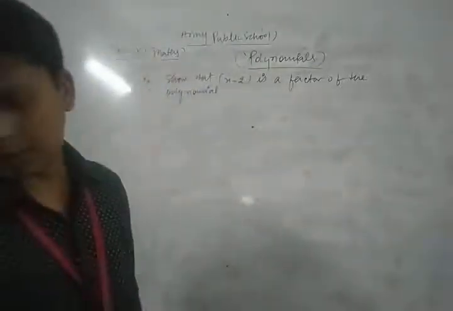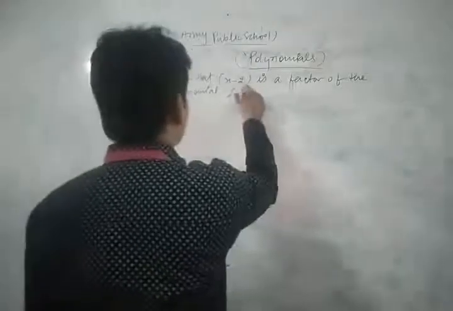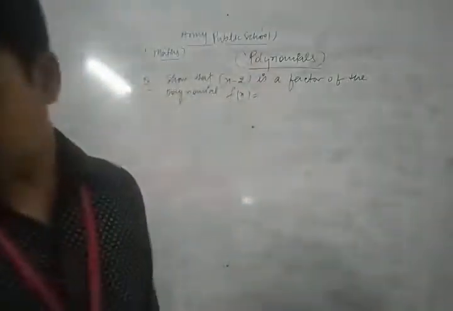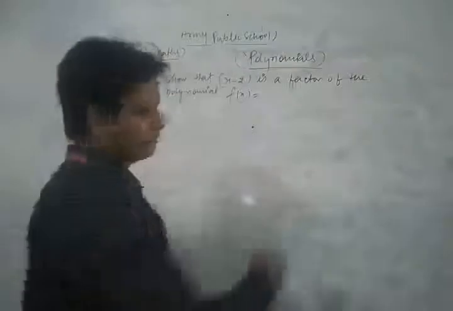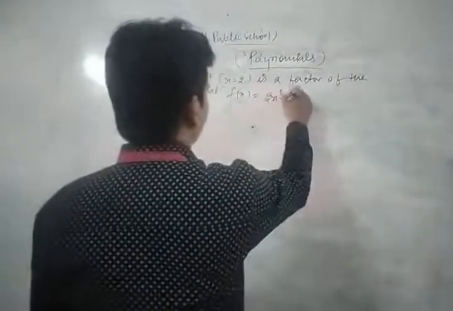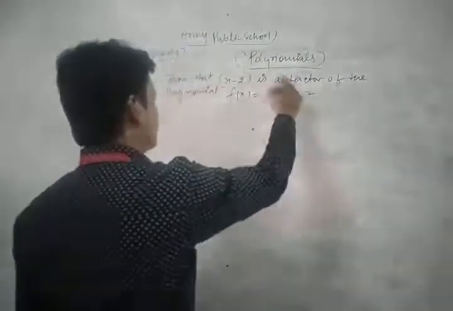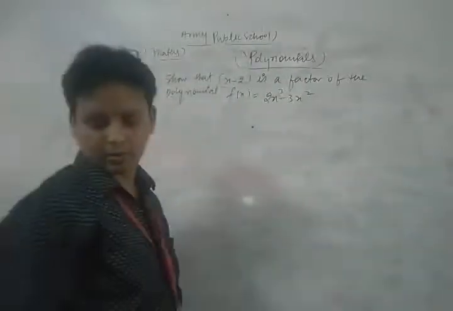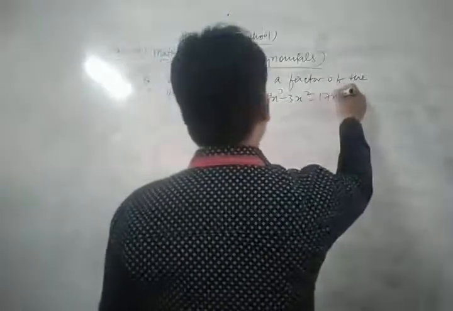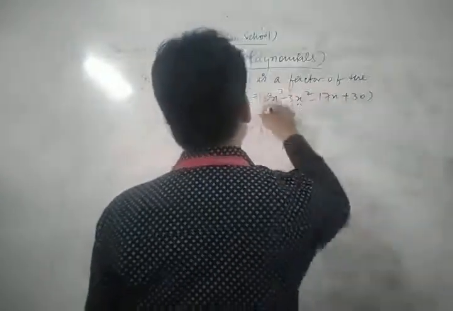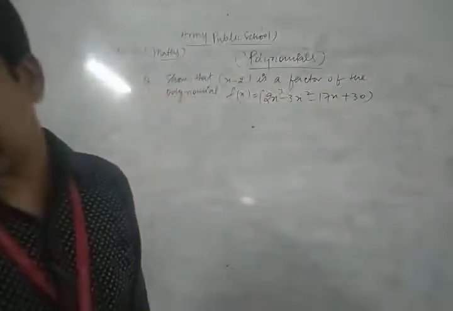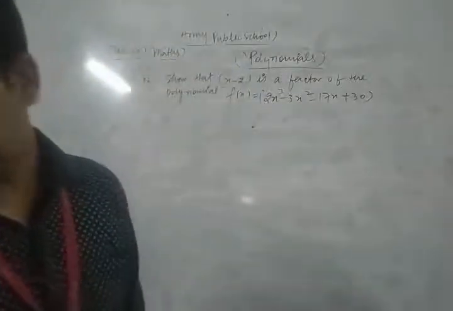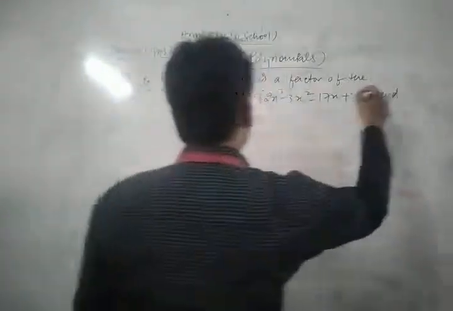f(x) is equal to 2x cube minus 3x square minus 17x plus 30, and hence factorize f(x).